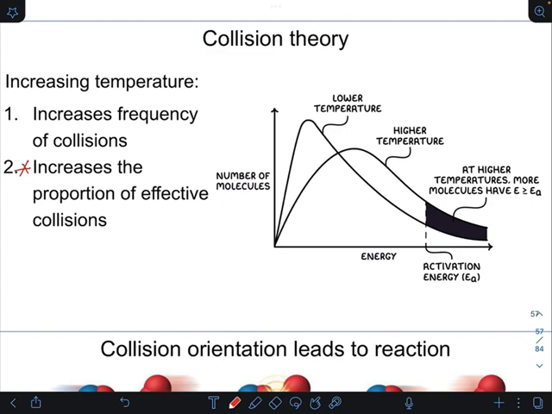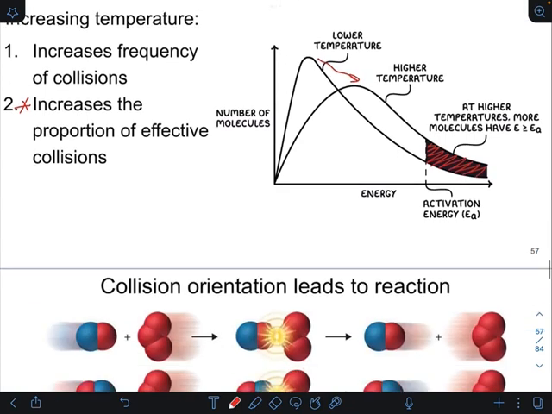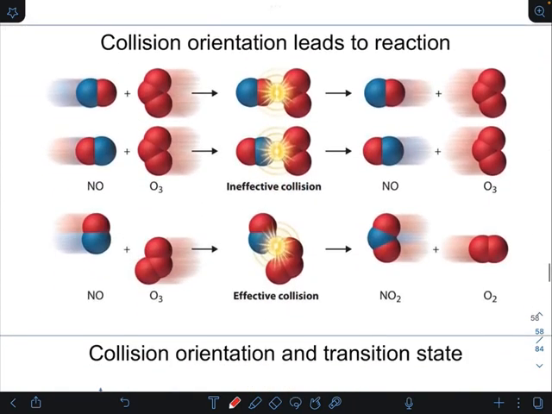And you can see that as the distribution shifts to the right, it also gets broader, which means that this increase in area is really significant. Okay, so something else you want to know is that the orientation needs to be a certain way for a reaction to happen.